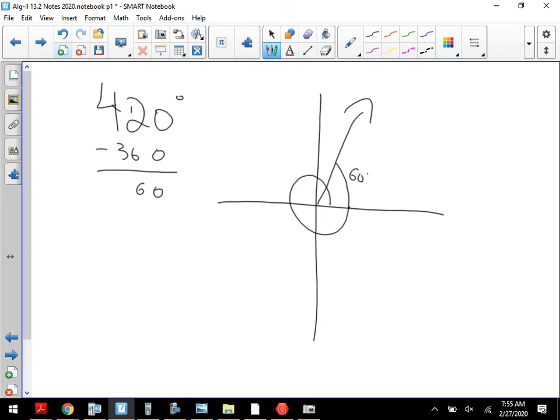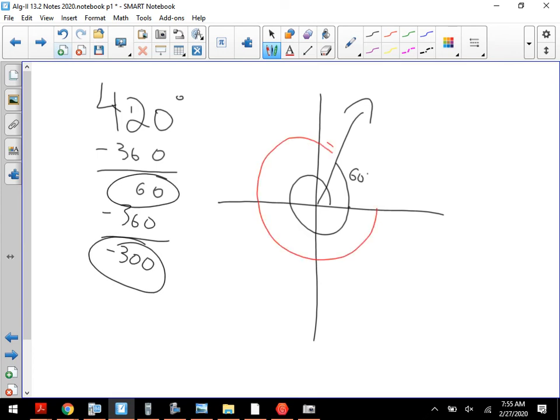I back out 360 again, and I get negative 300, and that would be my negative coterminal. Visually, if I go this direction, I'm 60 degrees off of 360, going negative. So that means I went negative 300 degrees.